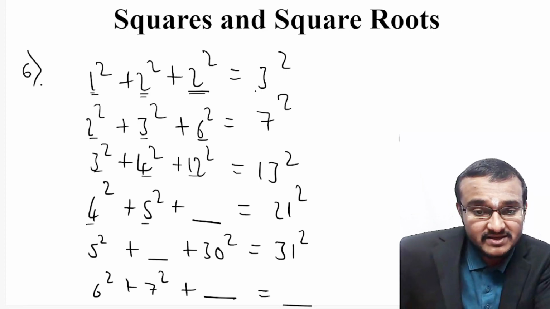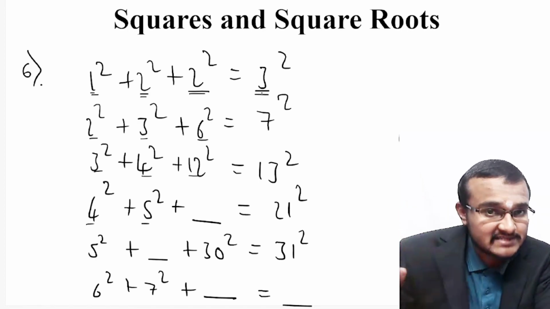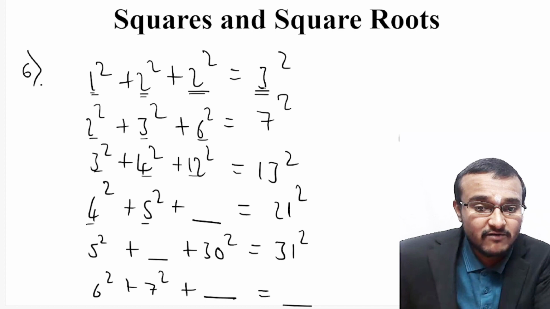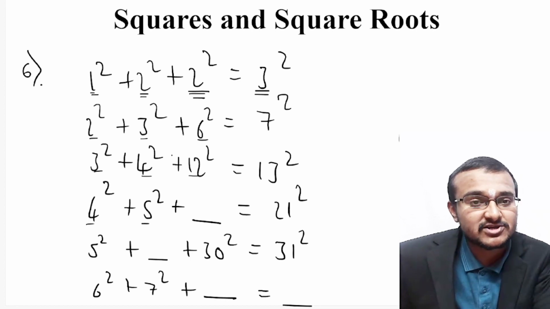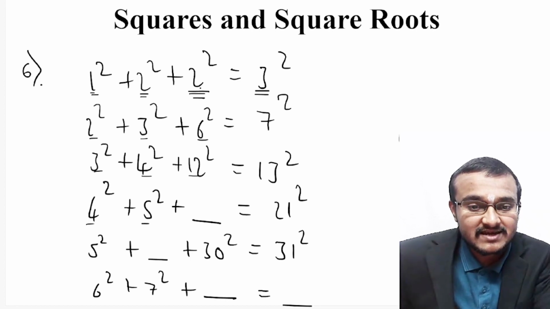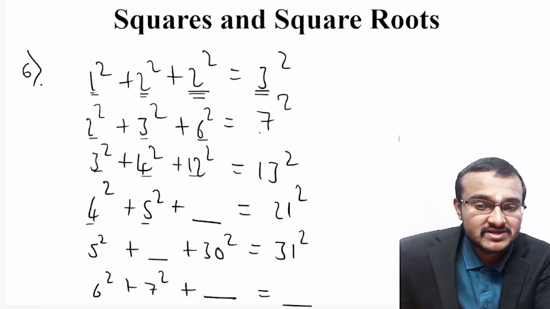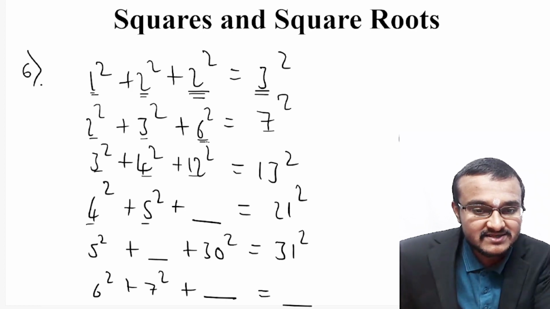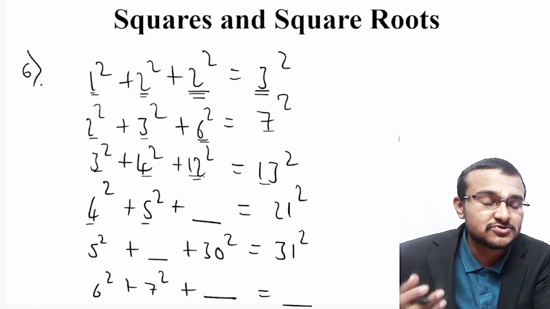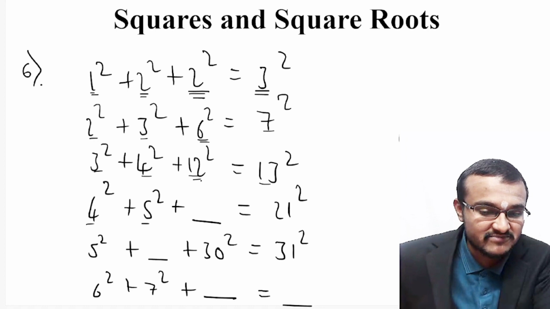Similarly, the result you are getting in the RHS is one number greater than this particular third number. So you can see 3 is one number greater than 2, 7 is one number greater than 6, 13 is one number greater than 12. So similarly, using this logic you can find the empty spaces.